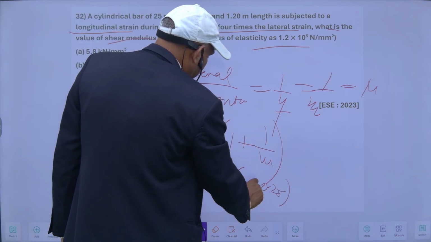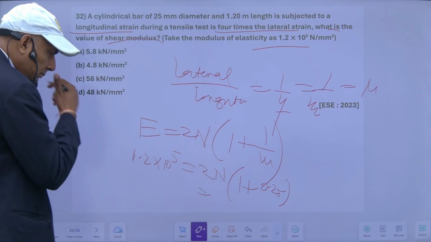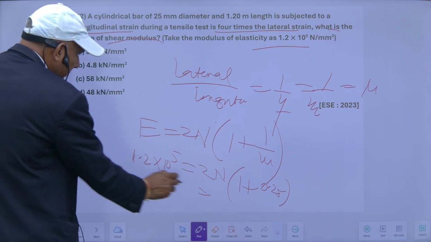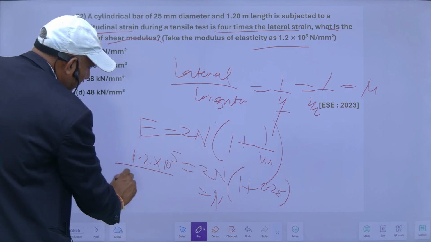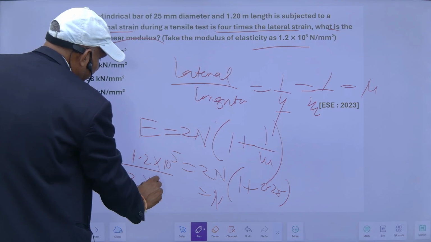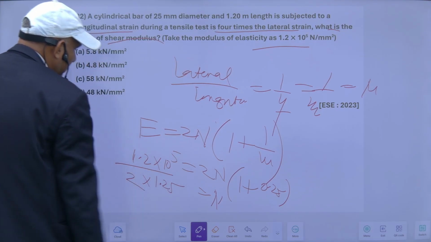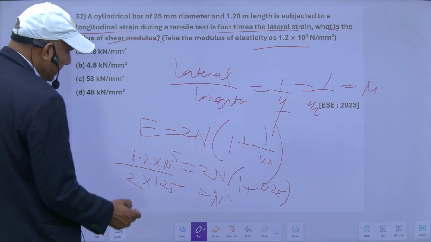So this will be 1.25. So n will be equal to this divided by 2 and this 1.25.